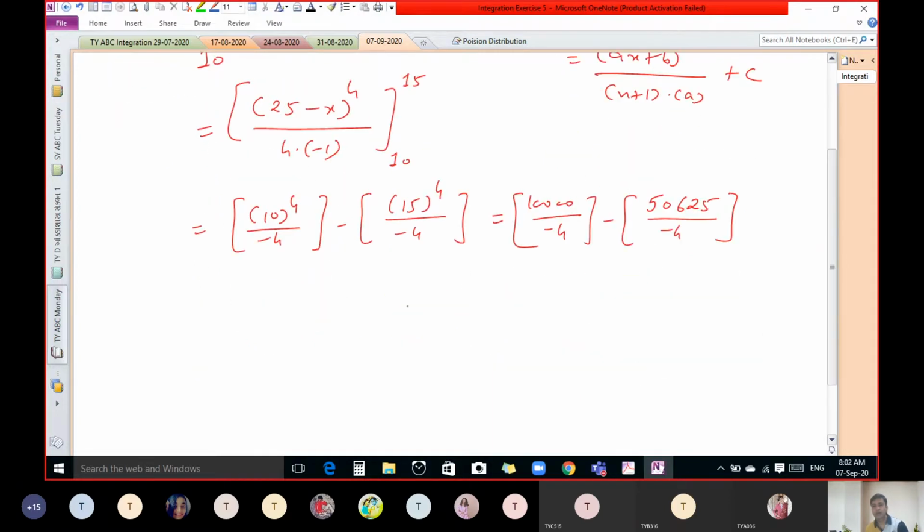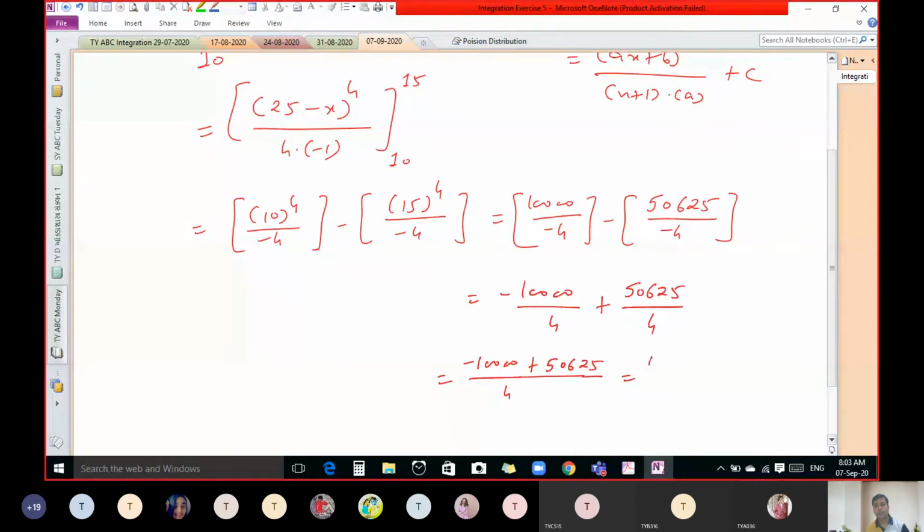Now you can write this as minus 10,000 divided by 4, and because this is minus and this is also minus, we get plus 50,625 divided by 4, taking 4 as LCM. So we get minus 10,000 plus 50,625.